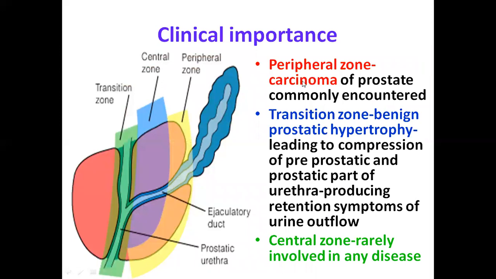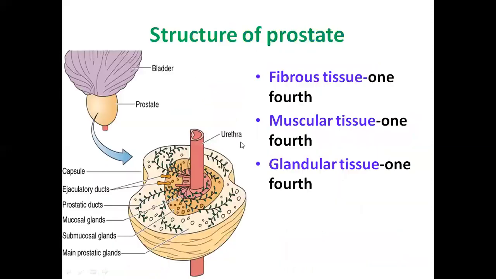The clinical importance of the peripheral zone, PCT, right? So peripheral zone is prone for carcinoma of prostate, okay, and transition T is prone for benign prostatic hypertrophy leading to compression of pre-prostatic part of the urethra, producing retention symptoms of urine outflow. Central zone is relatively safe zone and it is not much involved in any of the diseases.